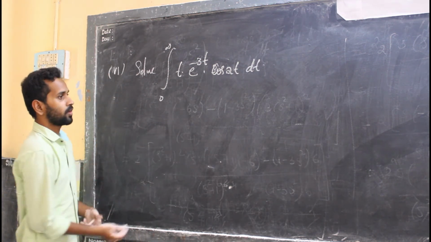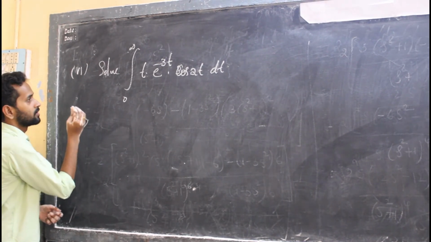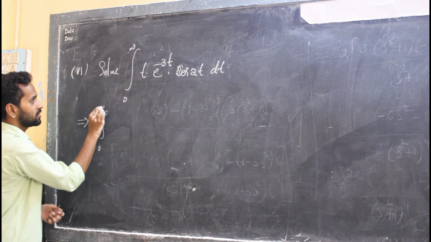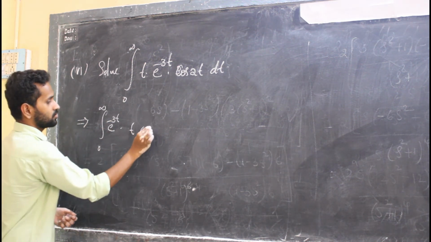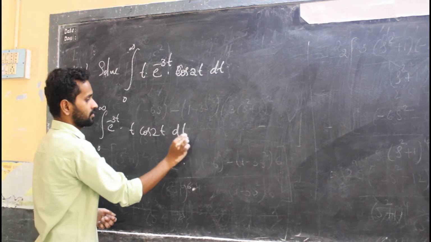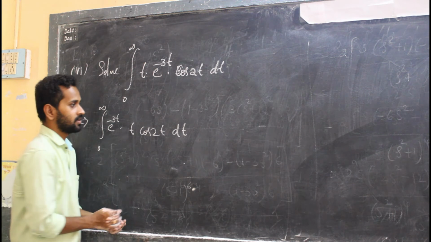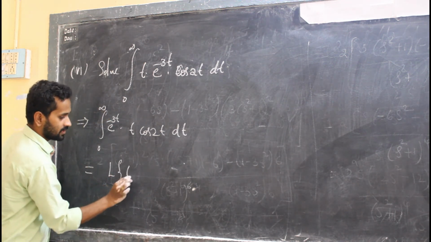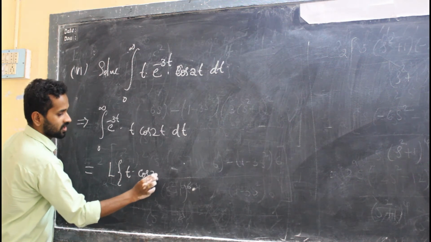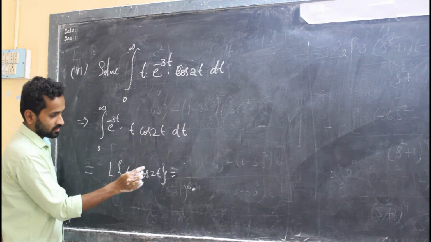So as what I did in the last problem, similarly I will consider it as integral 0 to infinity e to the power of minus 3t into t cos 2t into dt. First what I am going to do, I am going to take this t into cos 2t separately. This implies Laplace transform of t into cos 2t I will be finding first. This you know, t to the power of n into f of t.